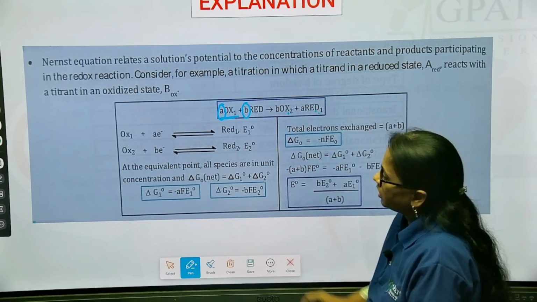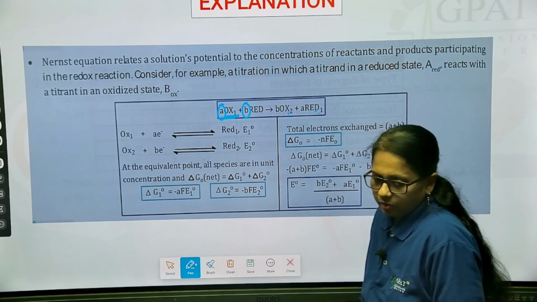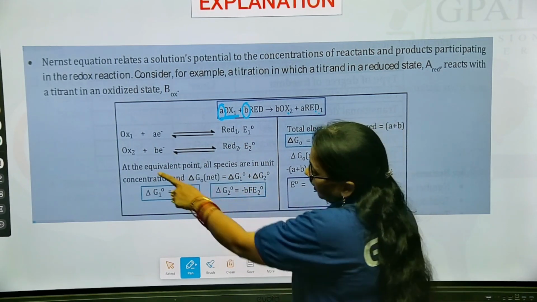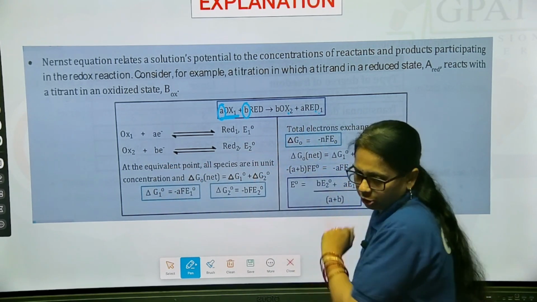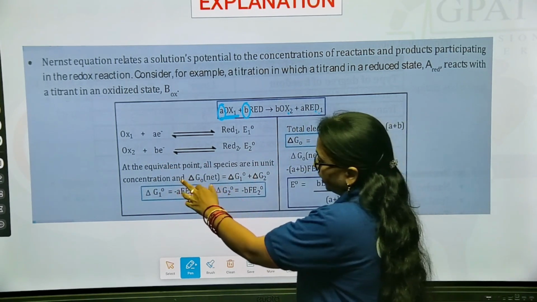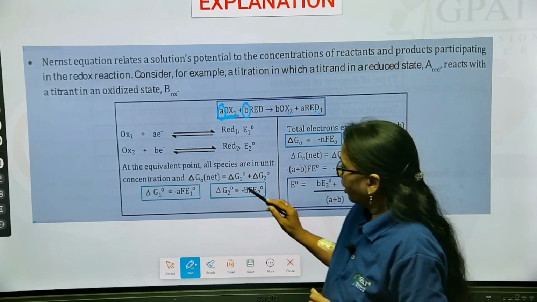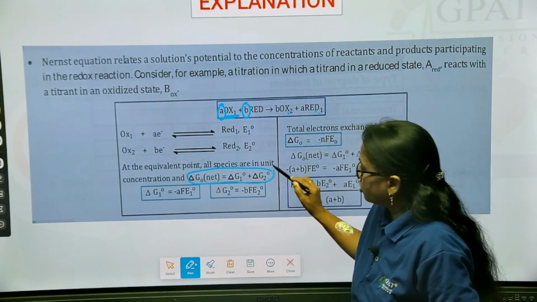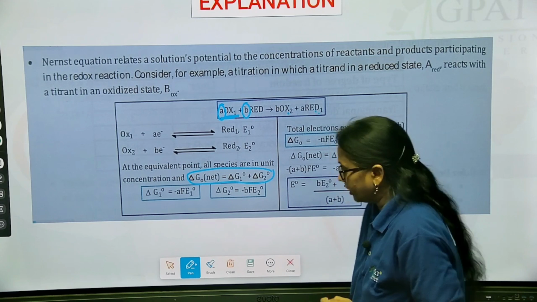Okay. So, in this, if you see, the oxidized one takes electrons and becomes the reduced one. And the reduced one gives up electrons and forms the oxidized one. So, at the equivalence point all species are going to be at unit concentration, and finally you are going to see the equation, that is, the potential we are going to observe, that is delta G1 plus delta G2.